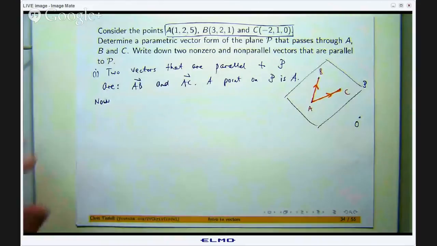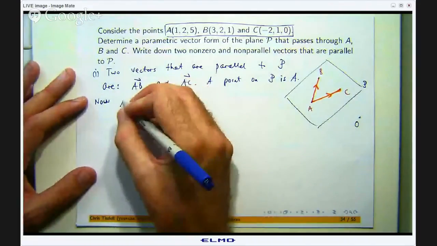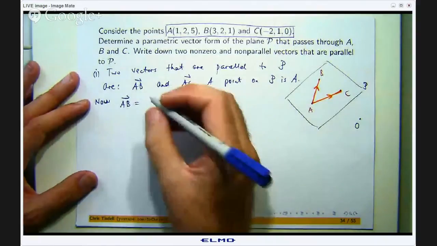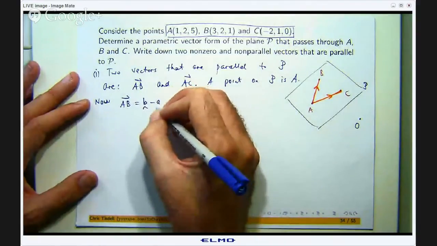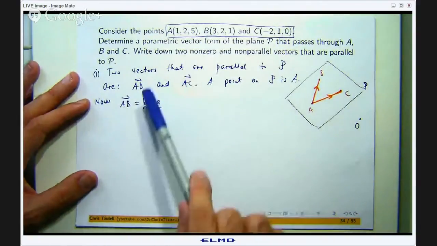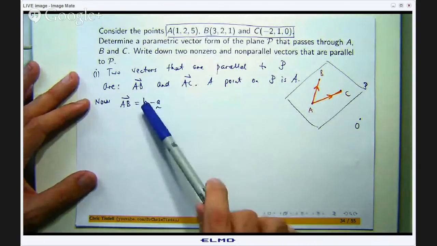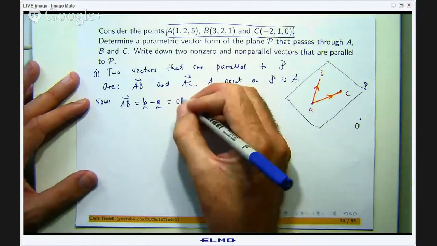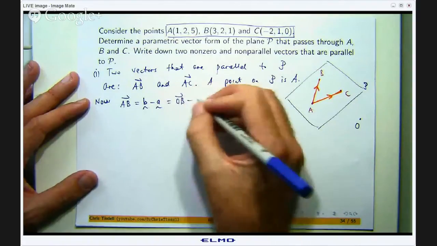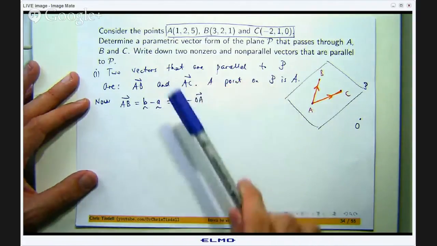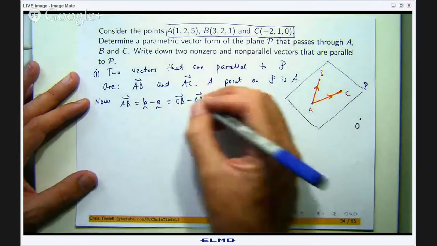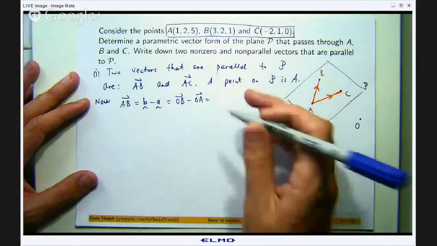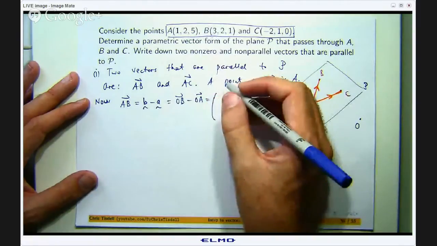All right, so how do we work out the vector from one point to another point? We just use position vectors, right? The position vector of the point B is just usually denoted by this lowercase vector, and the same with A. What I mean by that is the vector OB and the vector OA, from the origin to B, from the origin to A. So to write down these vectors, I just take the points and write them as column vectors.